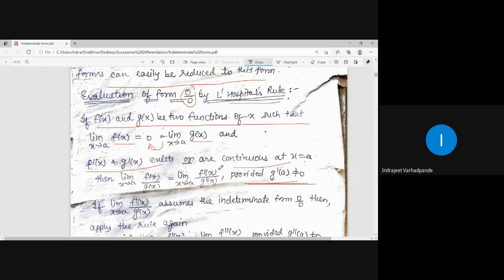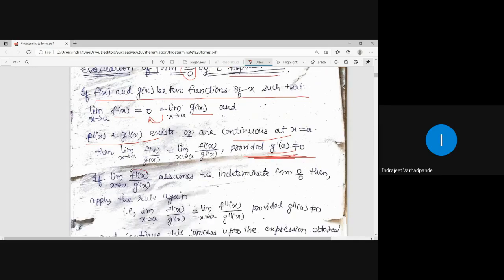Limit x tends to a of f dash of x upon g dash of x, provided g dash of a is not equal to 0. Then only can I say that after evaluating the derivative, we will substitute the value. But if after the derivative f dash of x upon g dash of x, it still assumes the form 0 by 0, then apply the rule again.